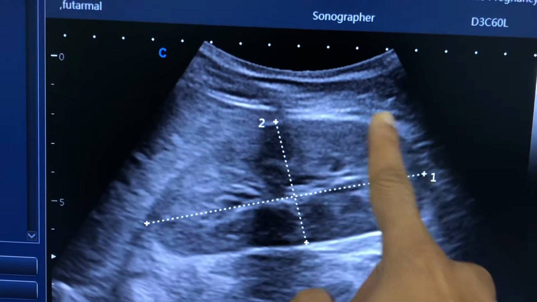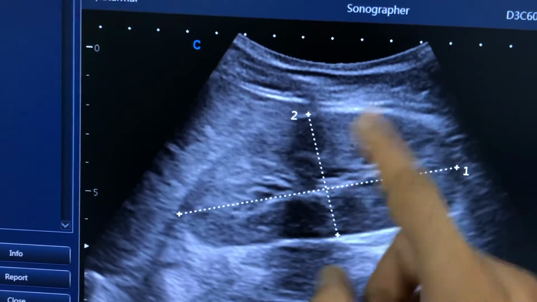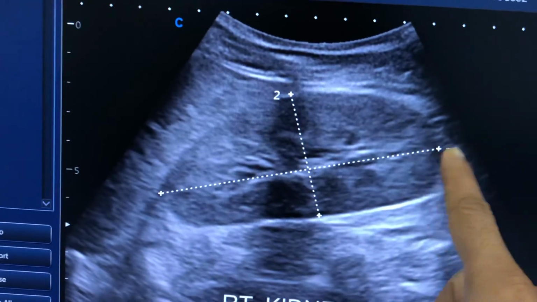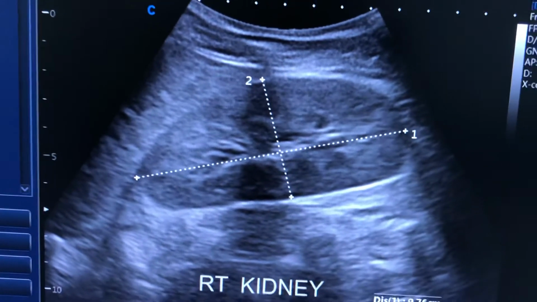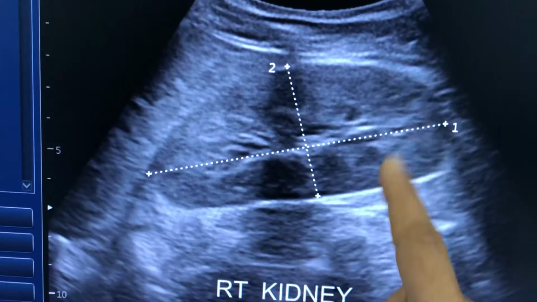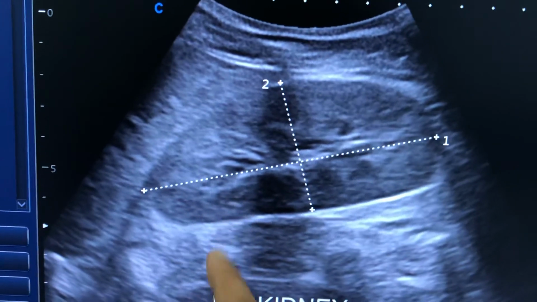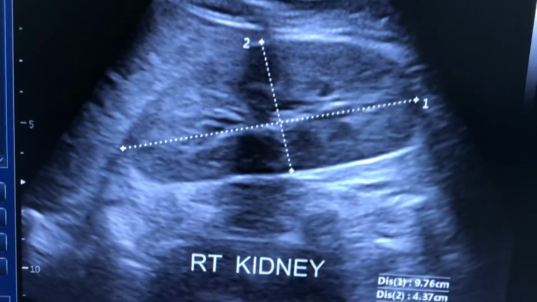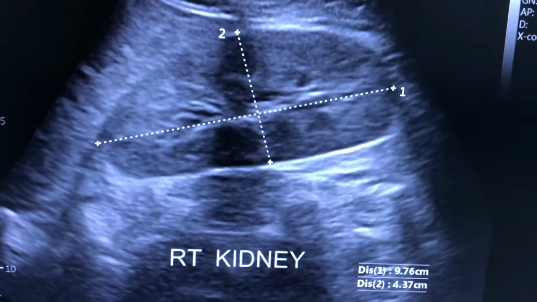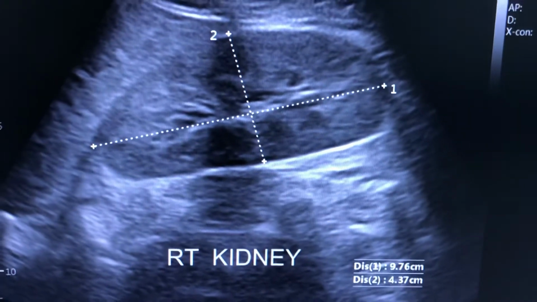It is more round. You can see, more round. So when you see the poles of the kidney losing their V shape contour and becoming more and more round, then such kidneys are swollen kidneys.